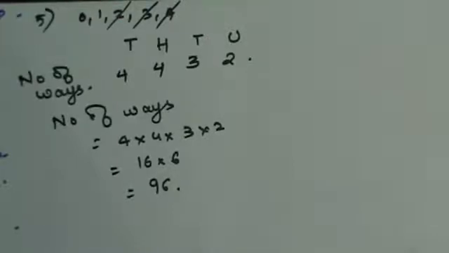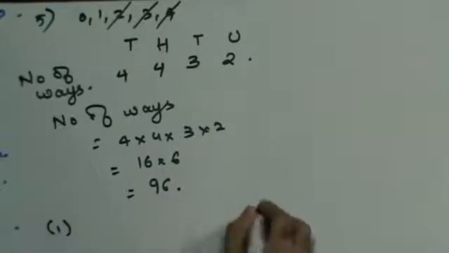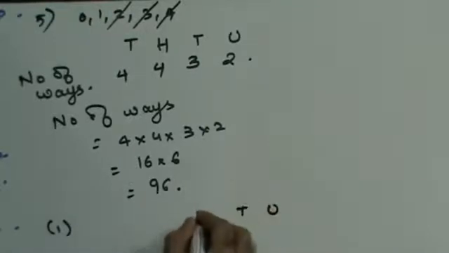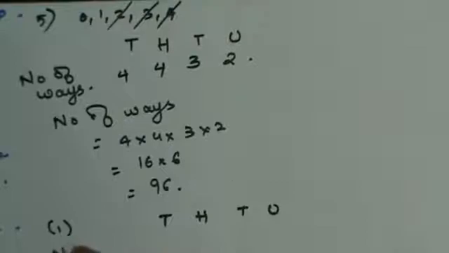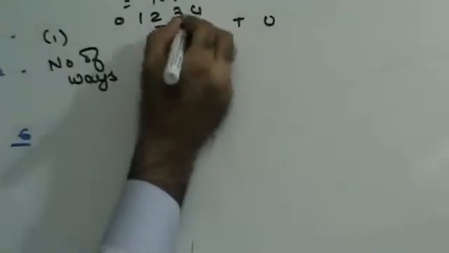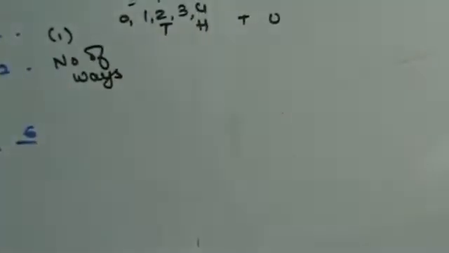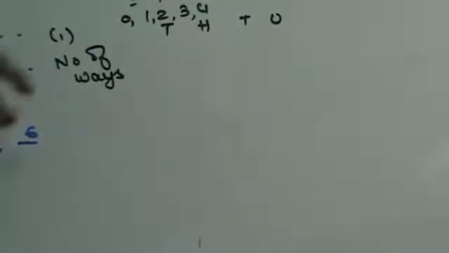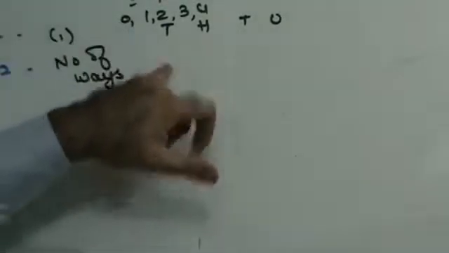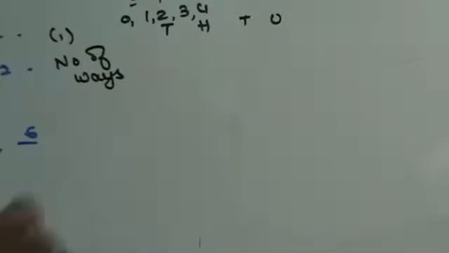Now the first part of the question, how many of them are greater than 2000? Units, tens, hundreds, thousands, number of ways. The digits given to me are 0, 1, 2, 3, 4. Now, if I want the number to be 2000 or greater, I cannot use 0 and 1 in the thousands place, because if I use 0 here, it will become a 3-digit number.